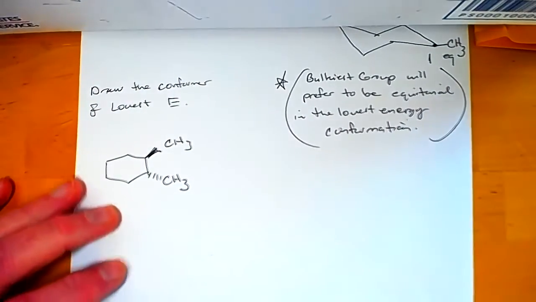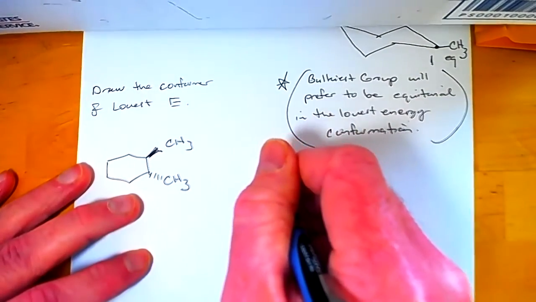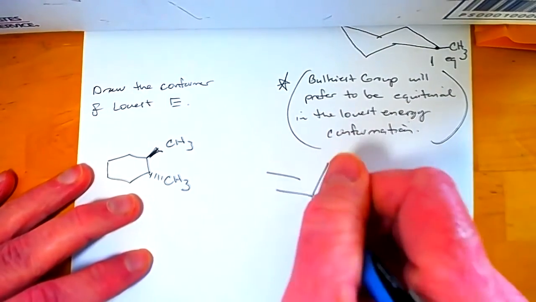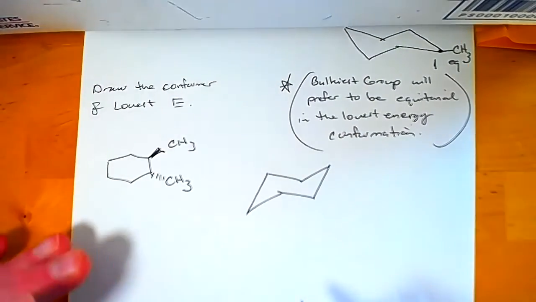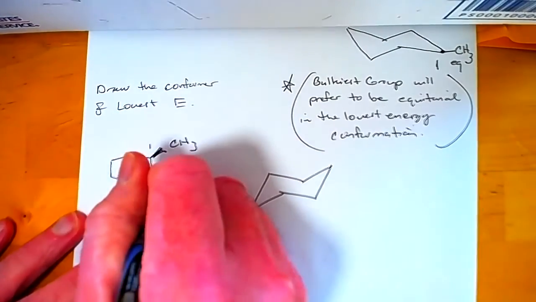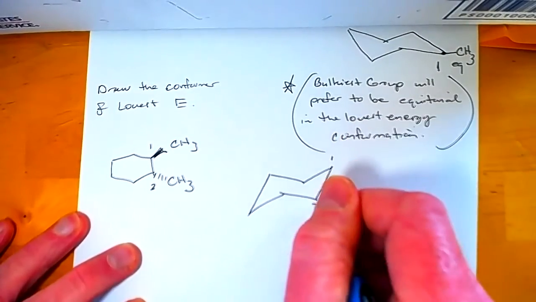Well, you're going to start off with a chair, and it could be either way. I'm just going to draw this particular chair, and I'm going to call this number 1 and this number 2.